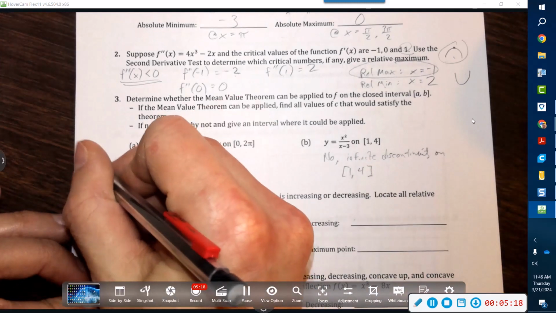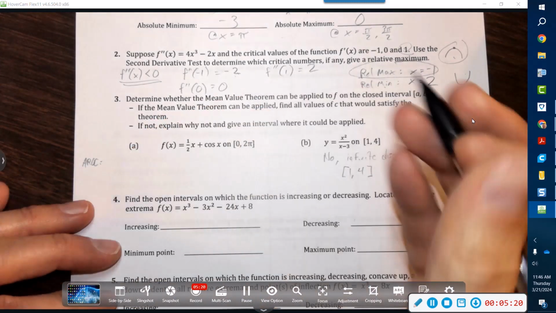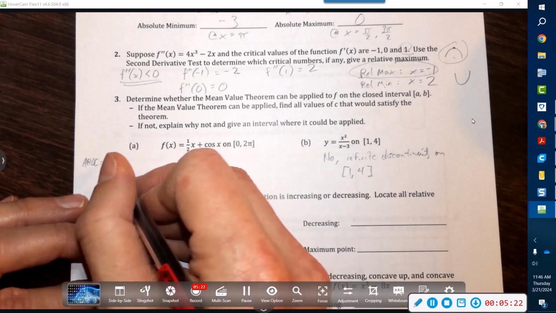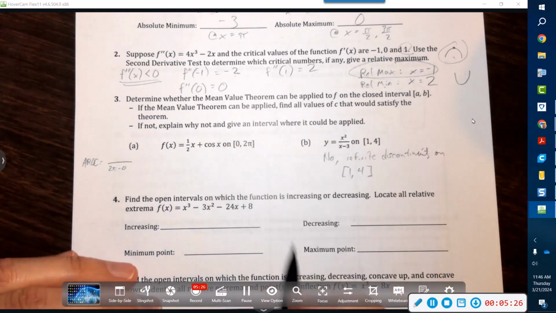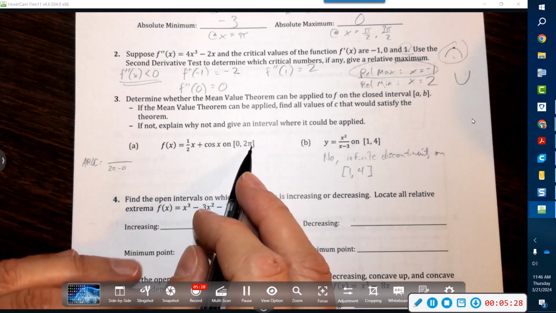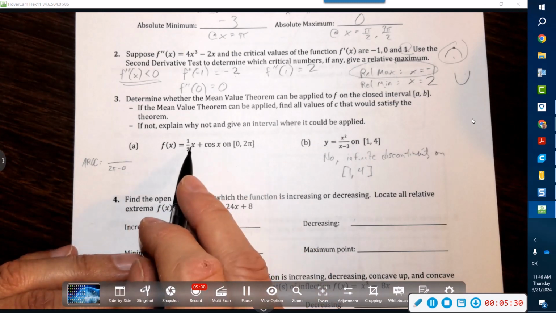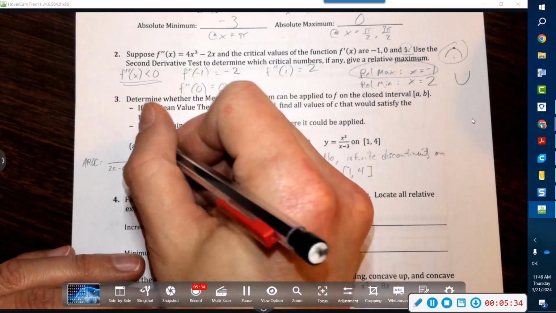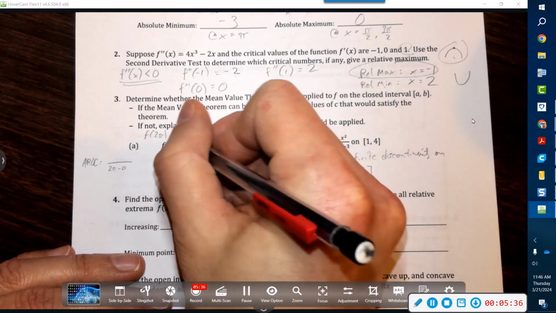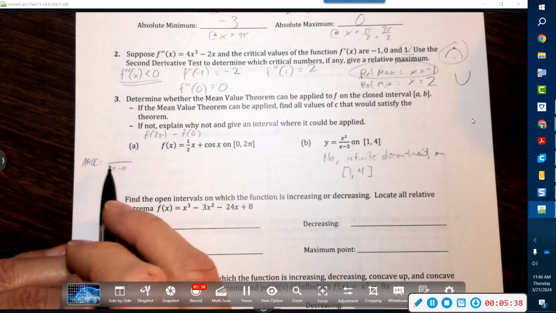So the AROC is going to be, first of all, 2 pi minus 0, and then we're going to plug in 2 pi into this one. Remember, we're doing f of 2 pi minus f of 0. That's what goes right here on the top.